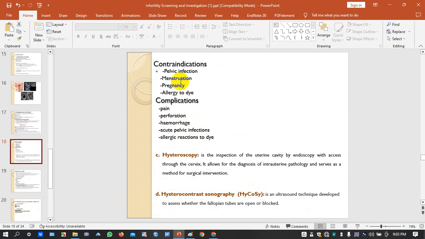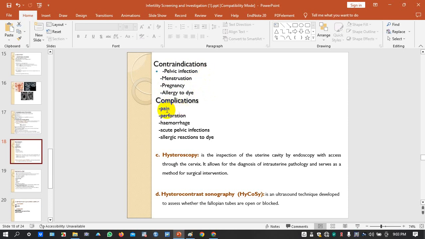So contraindications. If somebody has pelvic infection, or a woman is menstruating, or she's pregnant, or she's allergic to the dye used for the X-ray, then you are not supposed to do the HSG.